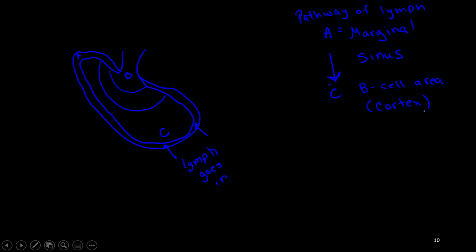That was totally not an accident. Then it goes to D, which is the T cell area, also known as the paracortex, because it's next to the cortex, right?